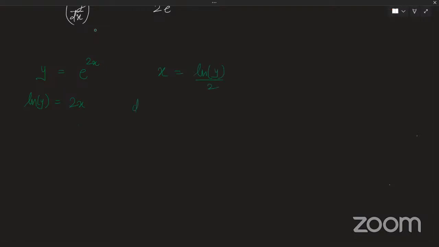If I ask you to differentiate this thing with respect to y, what will it be? The derivative of ln of y by 2 with respect to y. So now it is a function of y that you need to differentiate with respect to y. Can I do that? Yes, sir. Tell me the answer then.